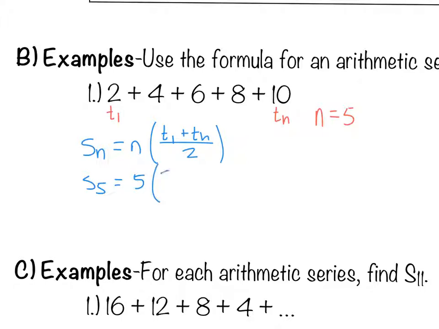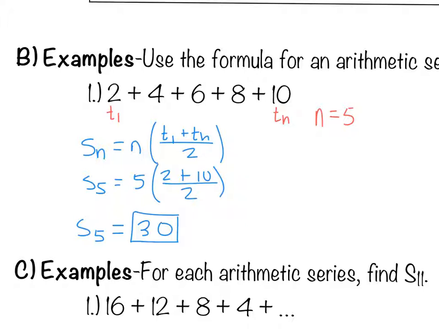T1 is the first term plus the last term, divided by 2. If you do 2 plus 10, that's 12, divided by 2 is 6, and 6 times 5 is 30. So the sum of the first 5 terms in that sequence is 30.